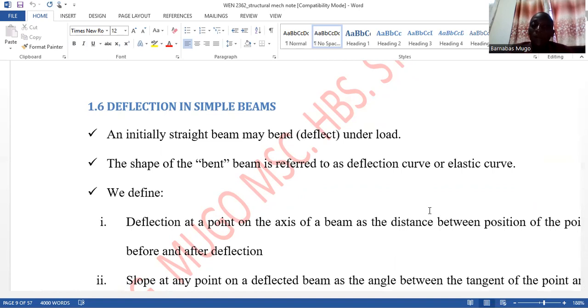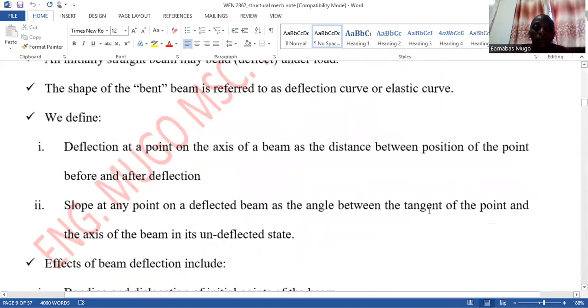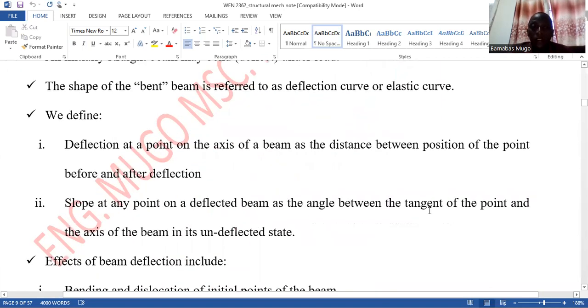And therefore, the shape of the bend is going to give us the deflection curve or elastic curve. We are going to define the deflection at a point on the axis of the beam as the distance between the position of the point before and after deflection. You get the position of the point before and the point after deflection, and then you get the distance between the two points.